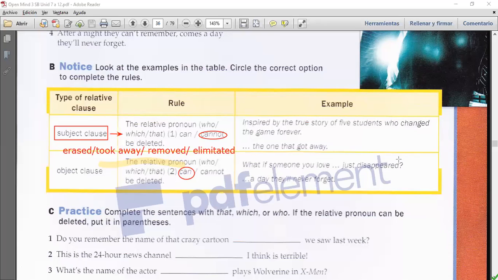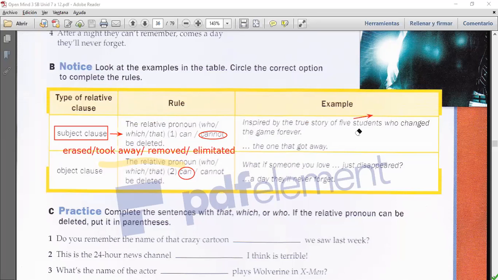Okay, and example. Read the example, please, Paola. Okay, Paola is not paying attention. Inspired by the true story of 5 students who changed the game forever.